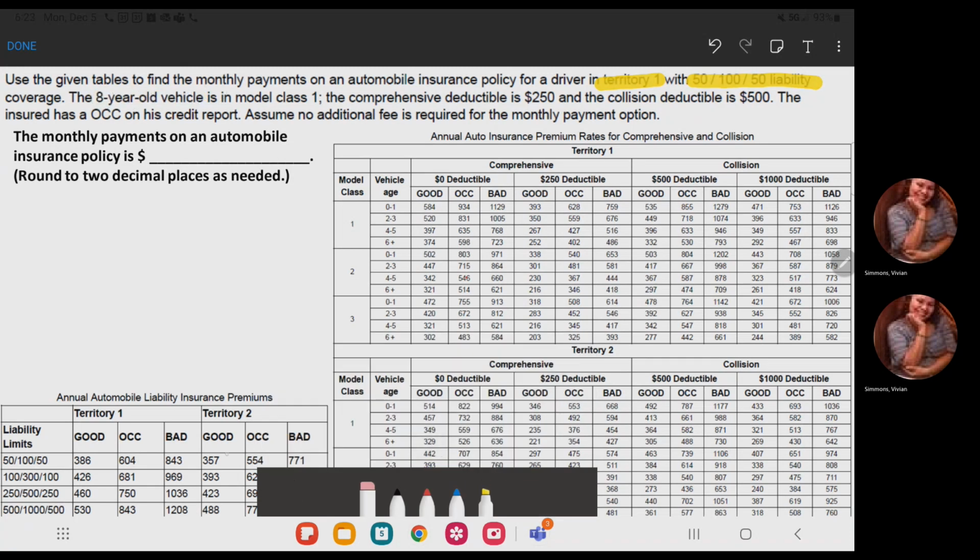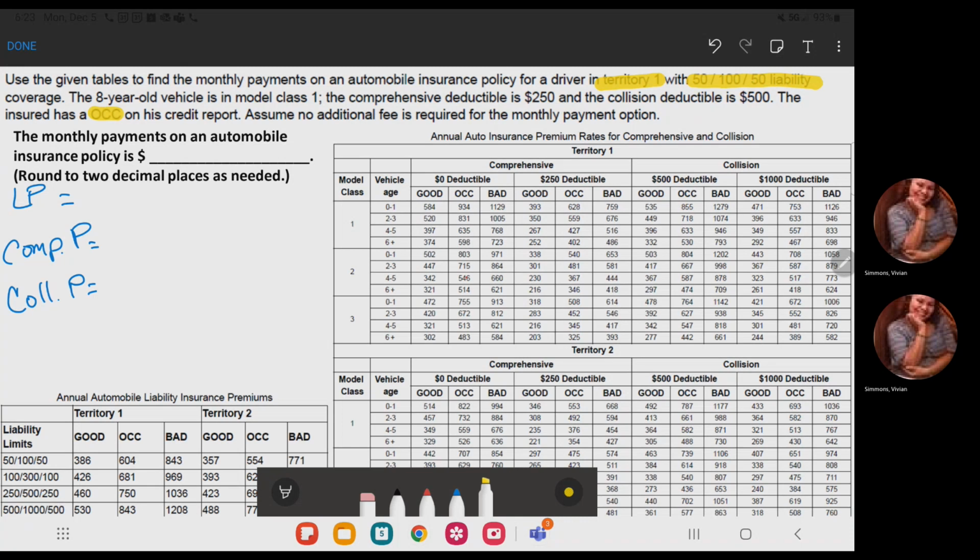So the things you're going to need for the first one to get the liability premium, because I'm going to separate this: comprehensive, collision. Okay. So for anything regarding liability premium, the first one, I'm going to use a highlighter of that same color. So I'm using like a yellow color. So Territory 1, the liability limit, and we need the credit, OCC.